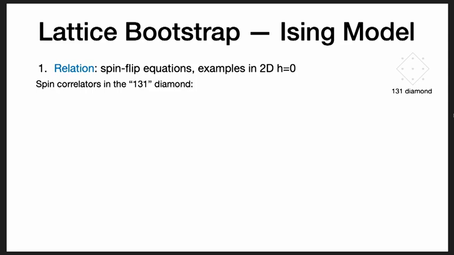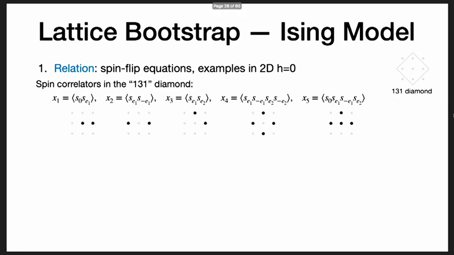Okay, so let me give an example to make it more tangible. We'll consider this small region. We call it the 1, 3, 1 diamond. So we only have this 1, and then 3 sites, and then 1 site. And we'll consider what happens when we flip the center guy. But before doing that, let me just say what the variables are within this region. So they're these ones.